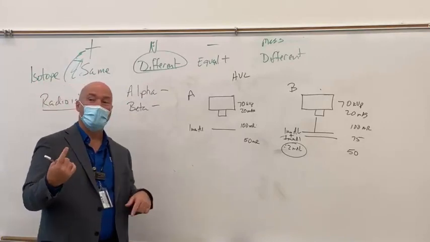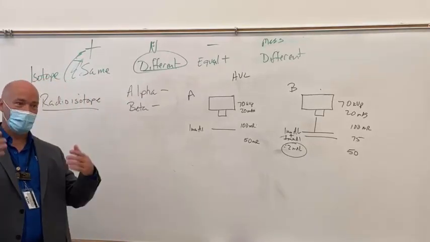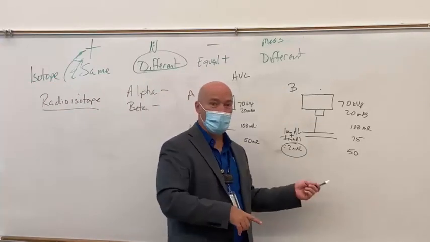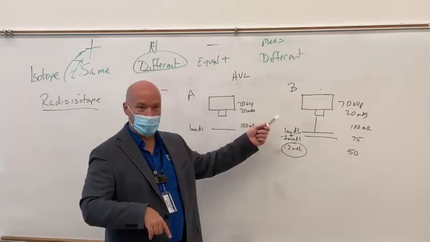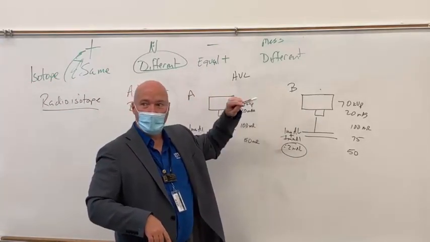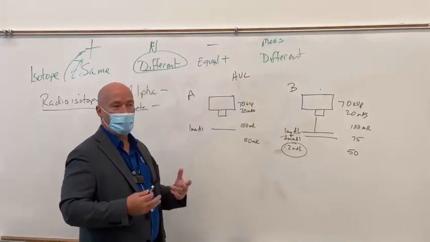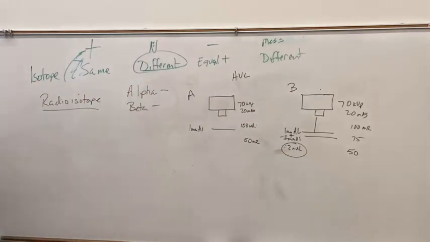So if this one's screwed up enough, I just kind of complicated things for you. We're gonna get there eventually. That's not on this test, but we're gonna get there eventually. I want you to be thinking about that, is that X-ray beam quality and image quality are two totally different things. Okay?